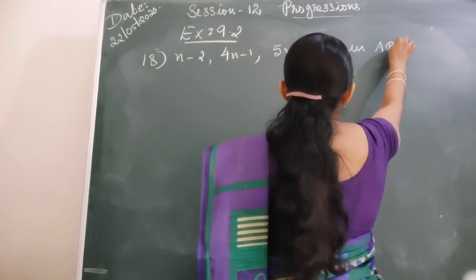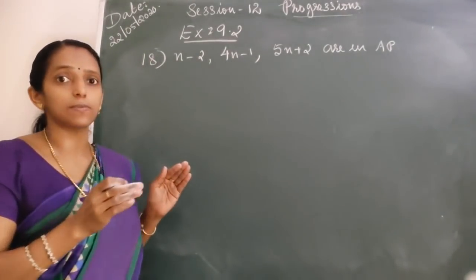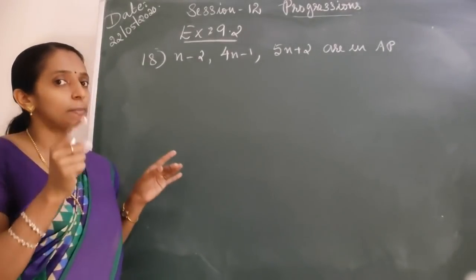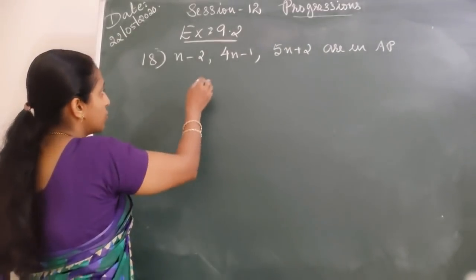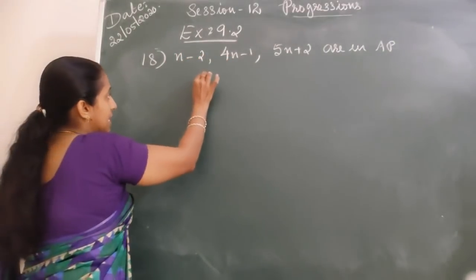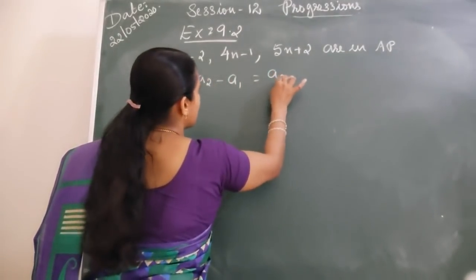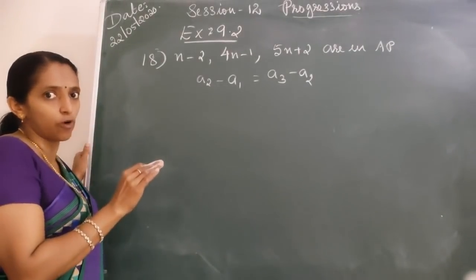If three terms are in AP, their common difference will be the same, as I have told you, because the series is in AP. It implies that A2 minus A1 will be equal to A3 minus A2. The common difference will be equal, then only it forms an AP.